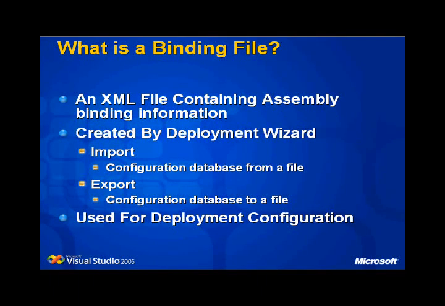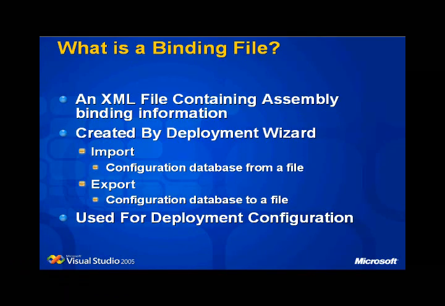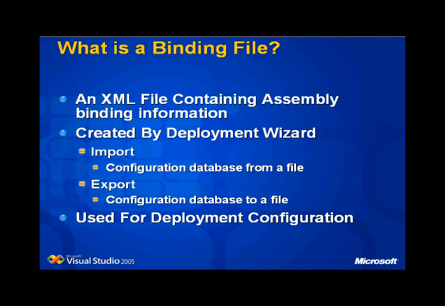When we export them, we export that information from the BizTalk configuration database to a file. We use them primarily for deployment configuration, and it's very important so that you don't have to change your port information every time you want to make a change to your settings.